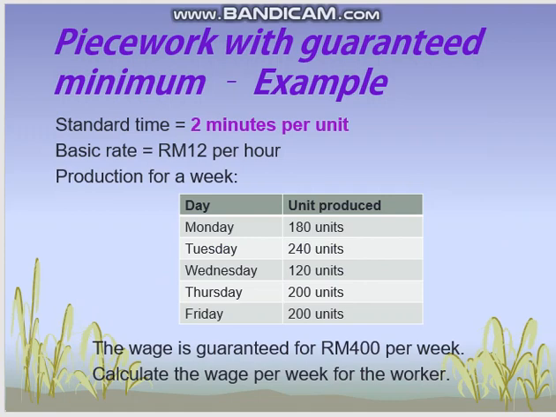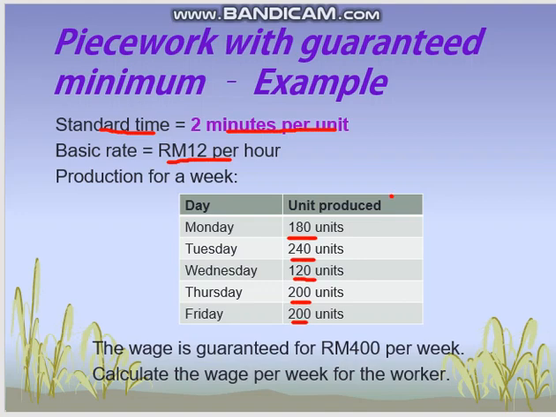Piecework with minimum guaranteed. For example, here the standard time is 2 minutes per unit, and the basic rate is 12 ringgit per hour. On Monday they produce 180 units, Tuesday 240, Wednesday 120, Thursday 200, and Friday 200.